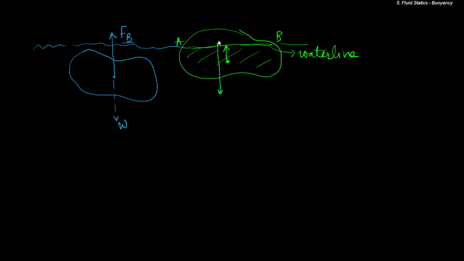Now under static equilibrium, we know that these 2 points will be collinear, meaning there will be no net torque. If they are not collinear, there will be a net moment and the body will rotate and reorient itself until it acquires a stable configuration.